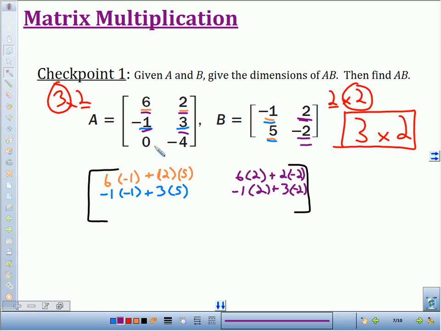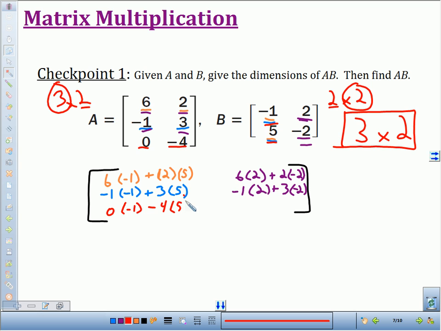Now you might be able to see the pattern forming here. I'm multiplying the first number of this row by negative 1. I'm multiplying the second number of this row by 5. I'm doing the same thing with the second row. I'm going to end up doing the same thing with the last row. I'm going to multiply 0 by negative 1. And I'm going to multiply negative 4 by 5. I'm going to change that to negative because negative plus negative 4 is the same thing as minus 4.